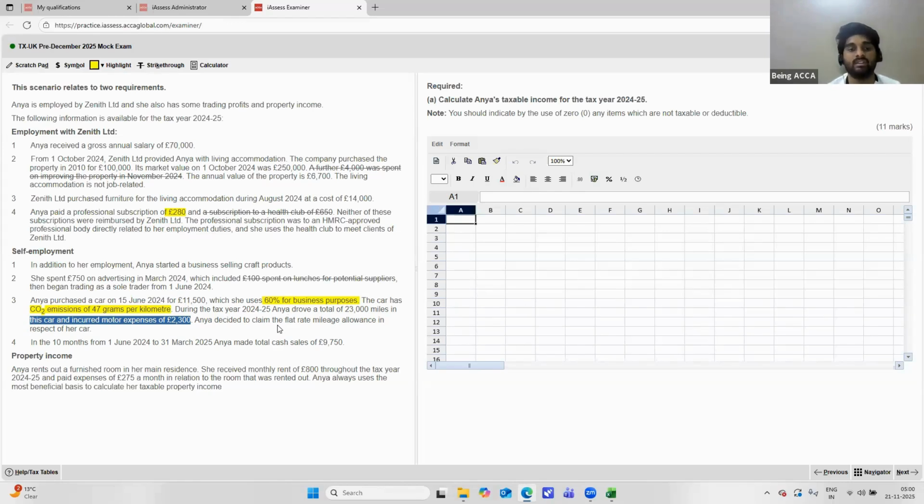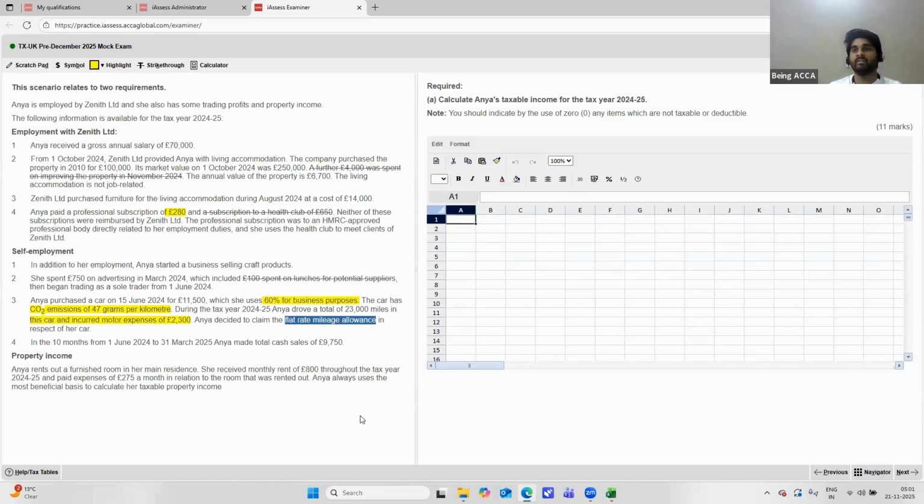So this is a very important concept. When a flat rate mileage allowance is being considered, that means Anya's self-employment will not be eligible for capital allowances or any car related expenditure. We will be taking only the mileage proportion part of it.